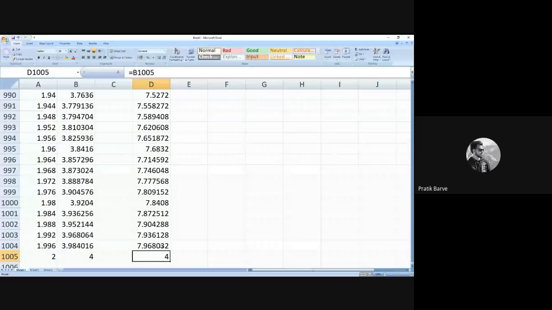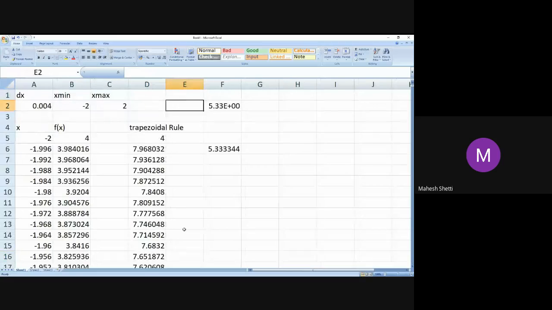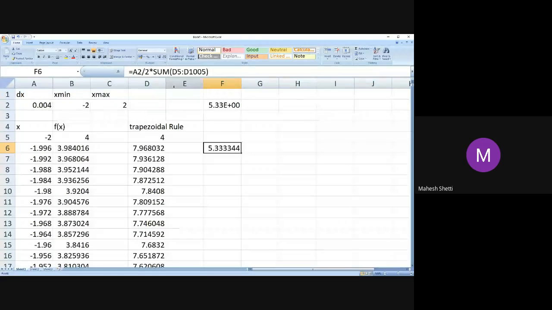The summation I am taking is the complete summation, from D5 to D1005. So I am taking the first value, and the last value I have written here itself correctly, and I am taking the entire sum. I'm getting a different answer, 3.31. I did the same thing, I guess.